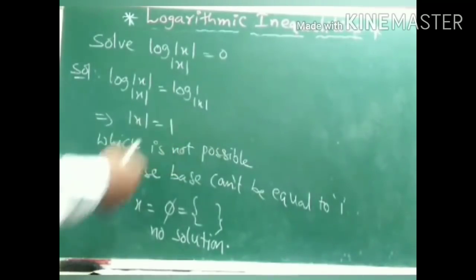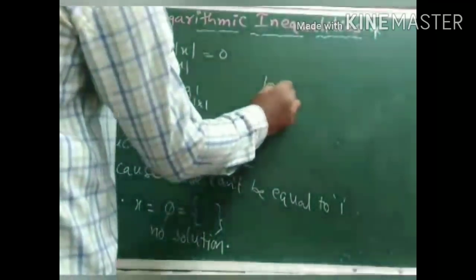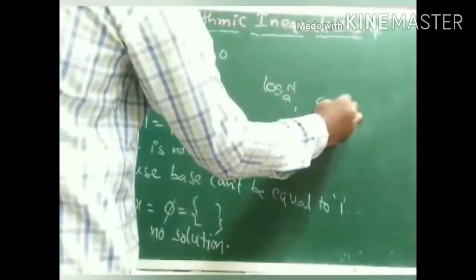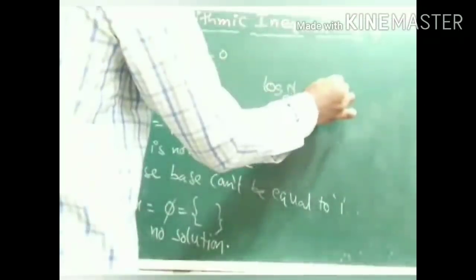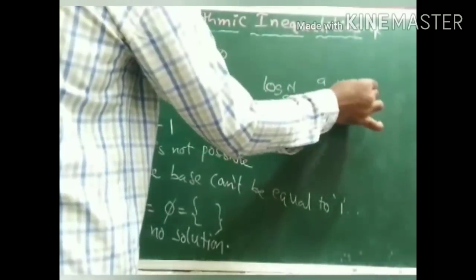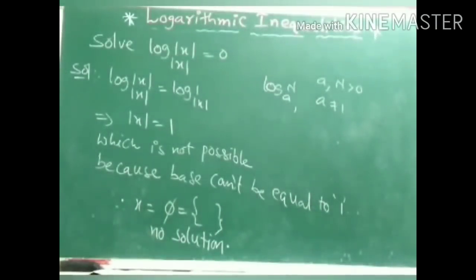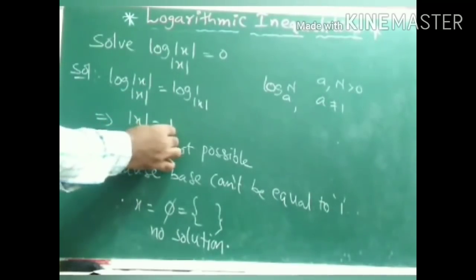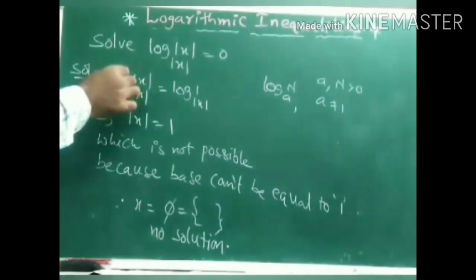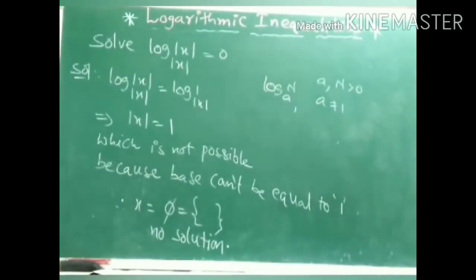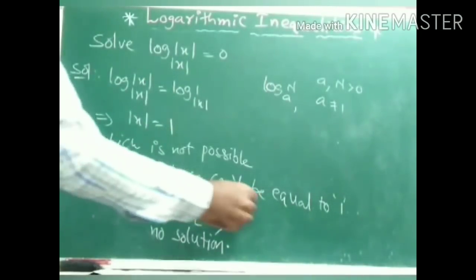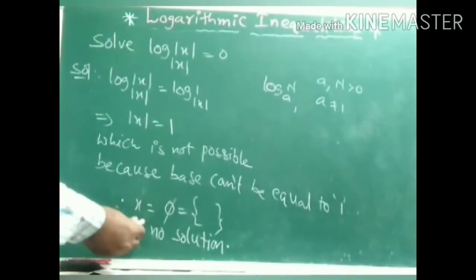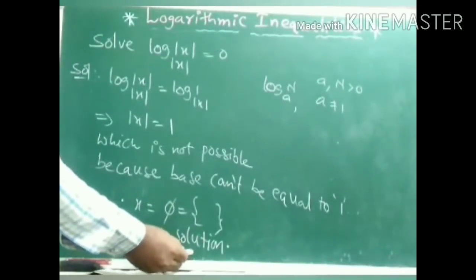So as per the definition, isn't it? If it is log n to the base a, clearly the base should not be equal to 1, and both a comma n should be positive numbers. So since modulus of x equals 1, and since modulus of x is in the place of base, which cannot be equal to 1, x has no solution.